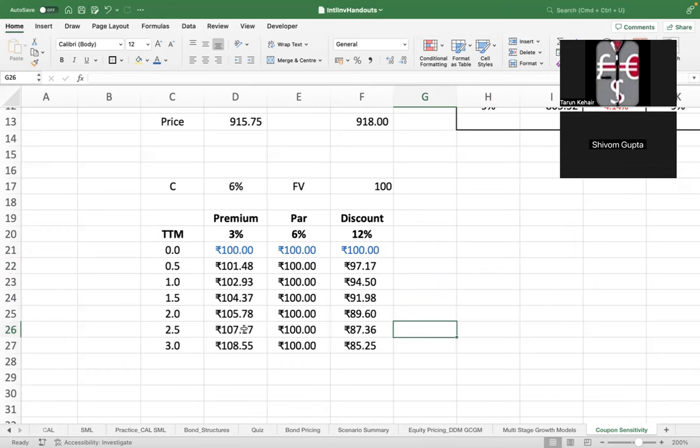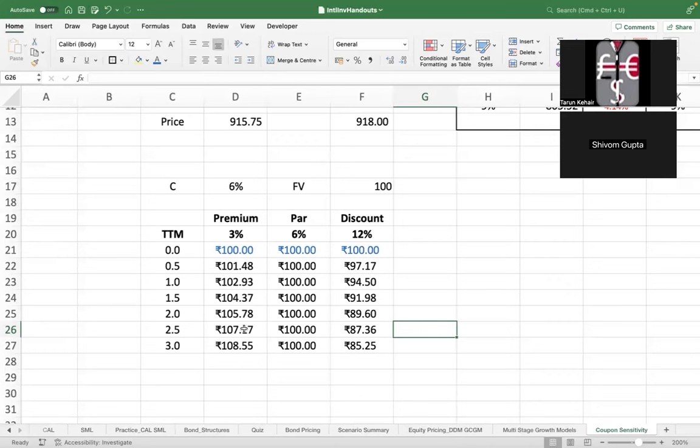We have also added a dimension of time to maturity, and we have seen how premium bonds lose value and discount bonds gain value. As we move closer to maturity, all of them will converge towards par value.